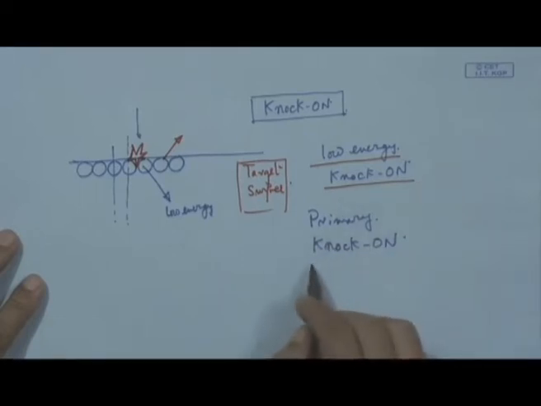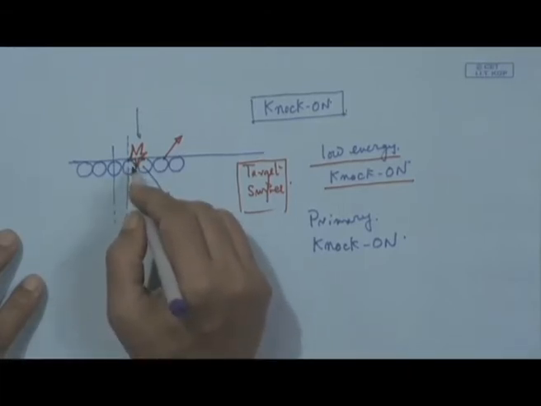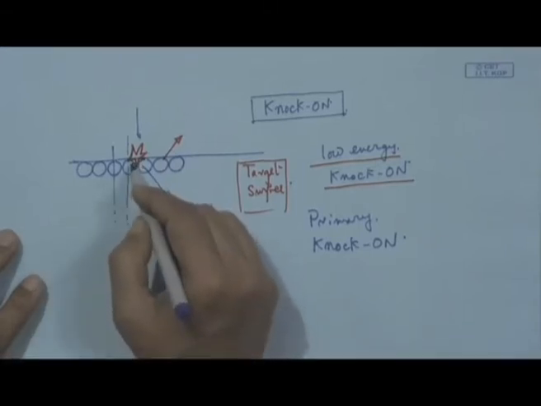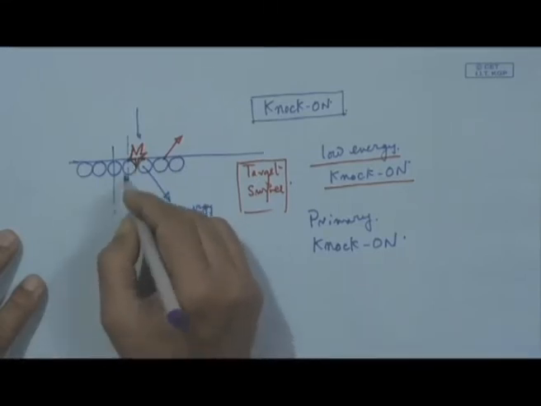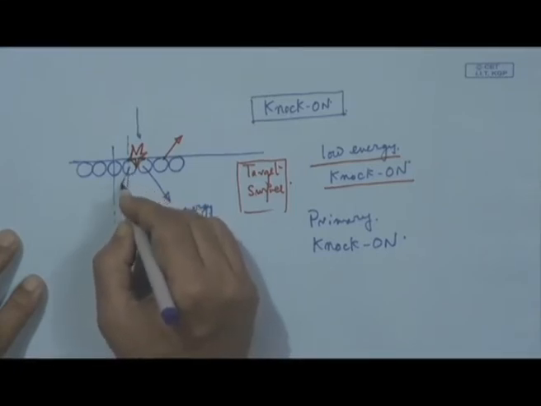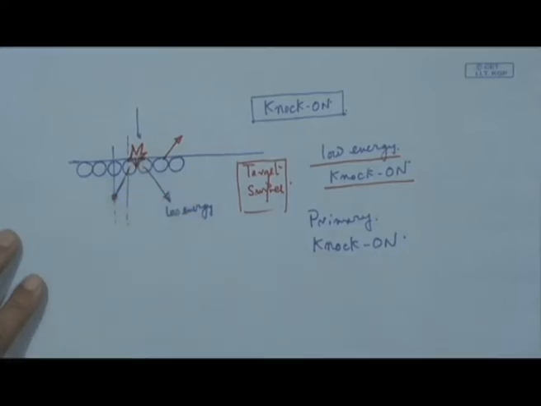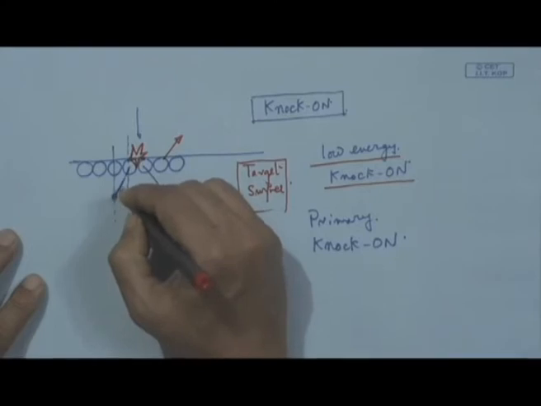Now comes the primary knock on mechanism. Primary knock on means this is going to be pushed inside this lattice. So, this is actually the primary knock on that will be pushed inside this lattice and it may come up to this point and then it will move in this direction just like a reflected atom. So, it will move in this direction up to this point and then it will be reflected.